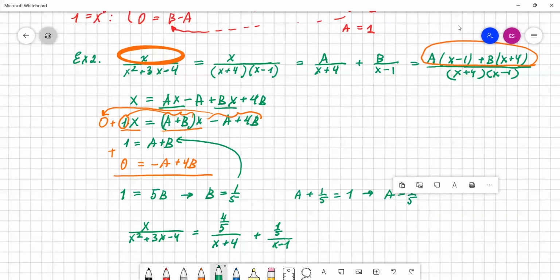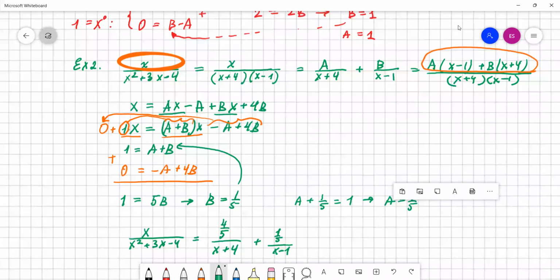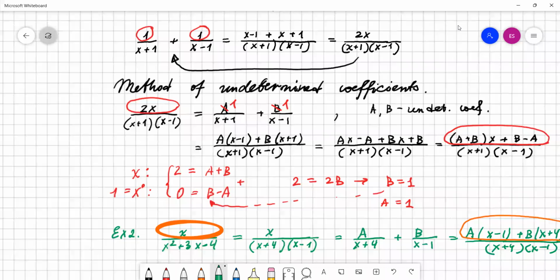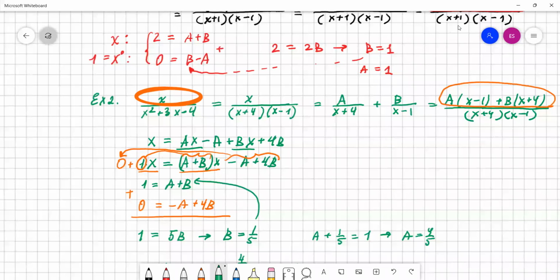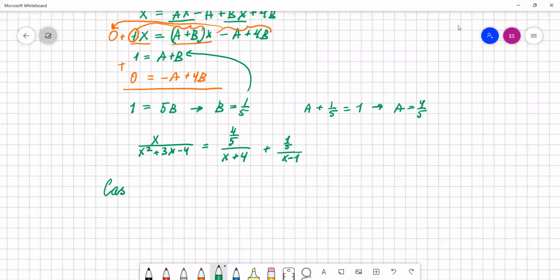Okay, so guys, this decomposition is called case 1. So case 1 happens when you have a polynomial in numerator, something like p of x. And in denominator, you have something like x minus a, x minus b, x minus c, linear factors.